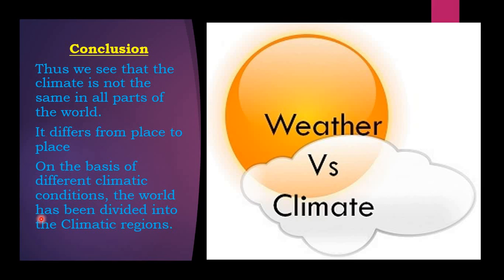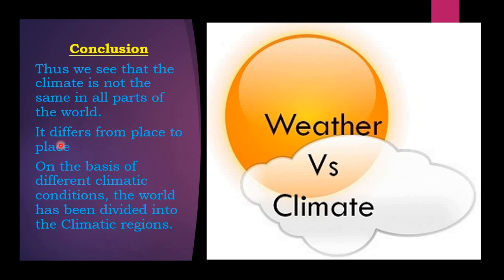Finally, the conclusion of the lesson: we see that the climate is not the same in all parts of the world. It differs from place to place on the basis of different climatic conditions. The world has been divided into climatic regions.